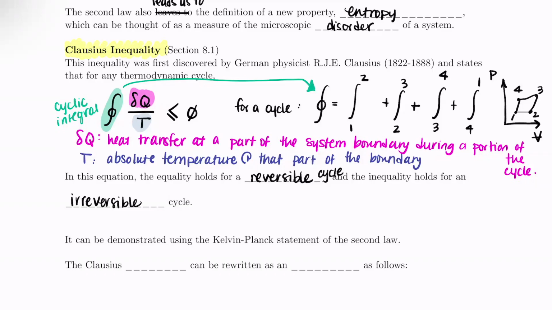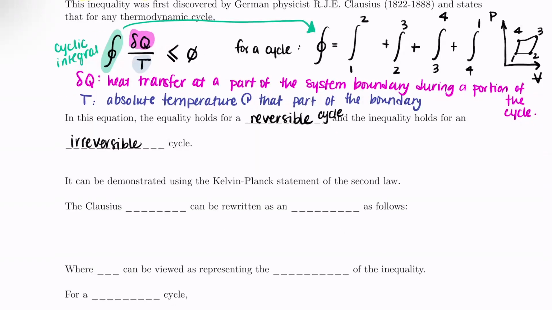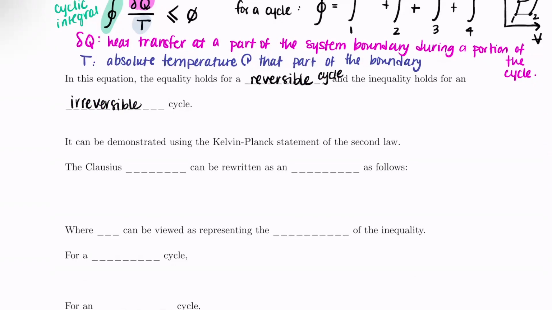All right. So we can demonstrate this using the Kelvin-Planck statement of the second law. But before we do that, the Clausius inequality can be rewritten as an equality in the following way.